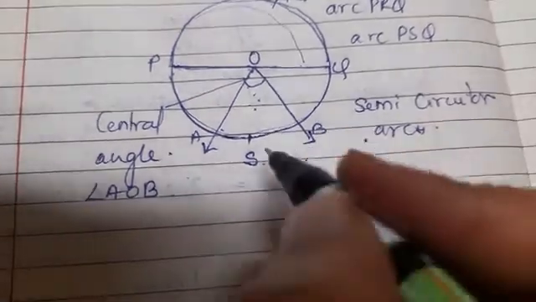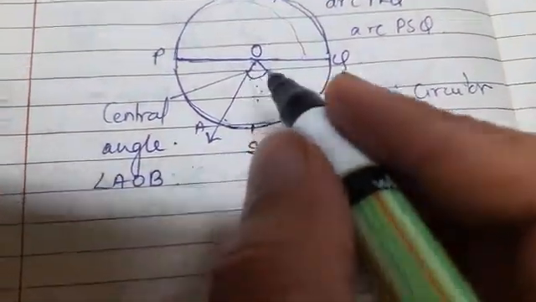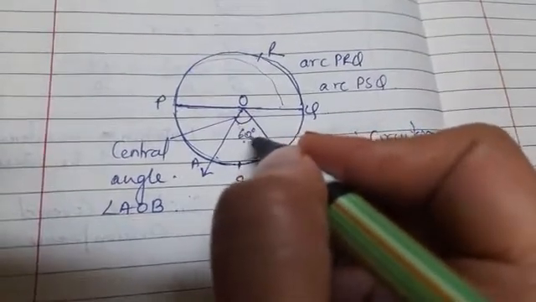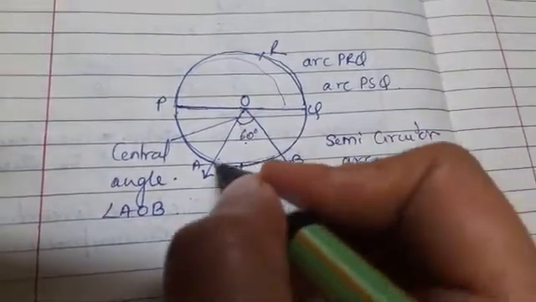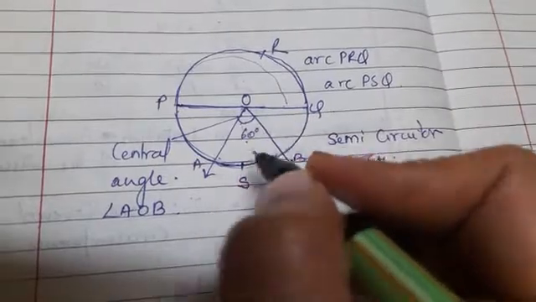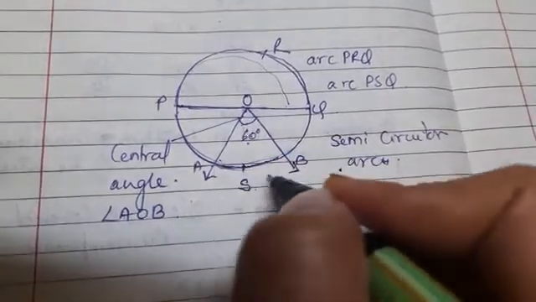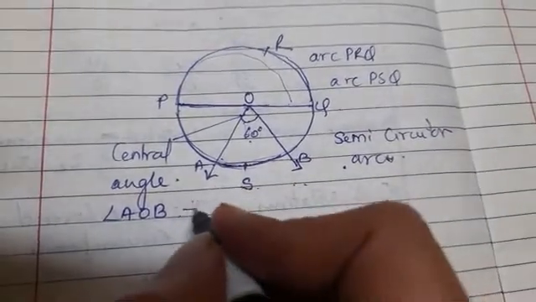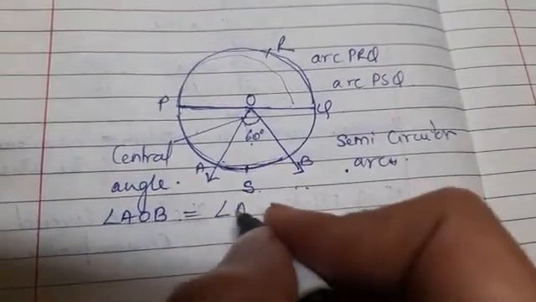Now whatever is the measure of this angle, suppose this angle is 60 degrees, then this arc which is inside this angle itself, you can see there is an arc ASB inside this angle, then this arc will also be equal.